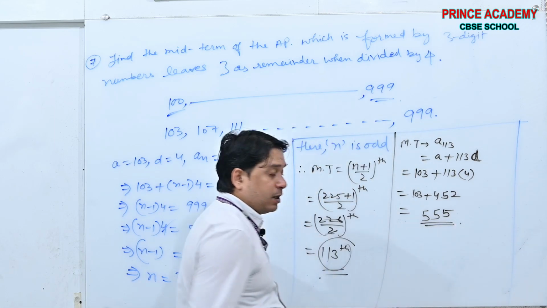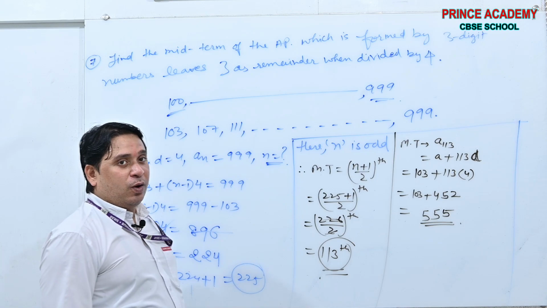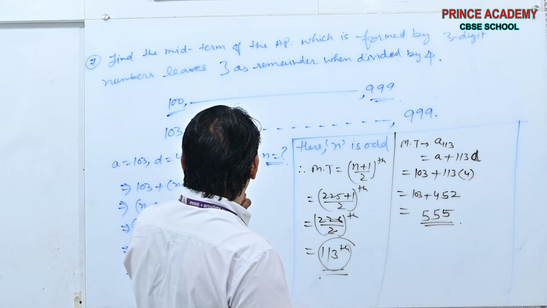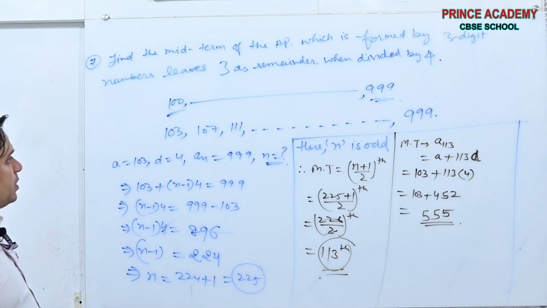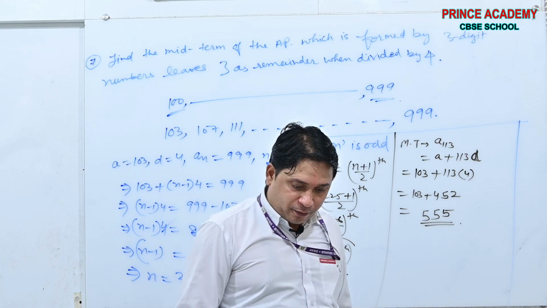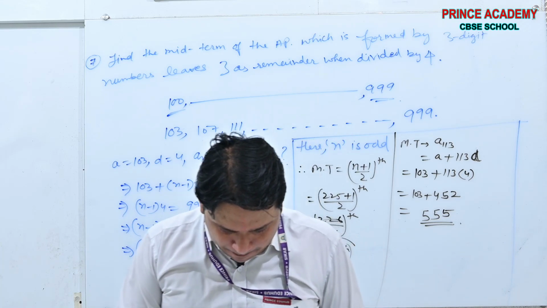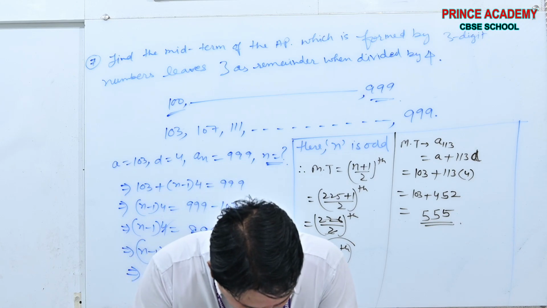This is the answer. 555 will be the middle term of the AP. Okay, done.